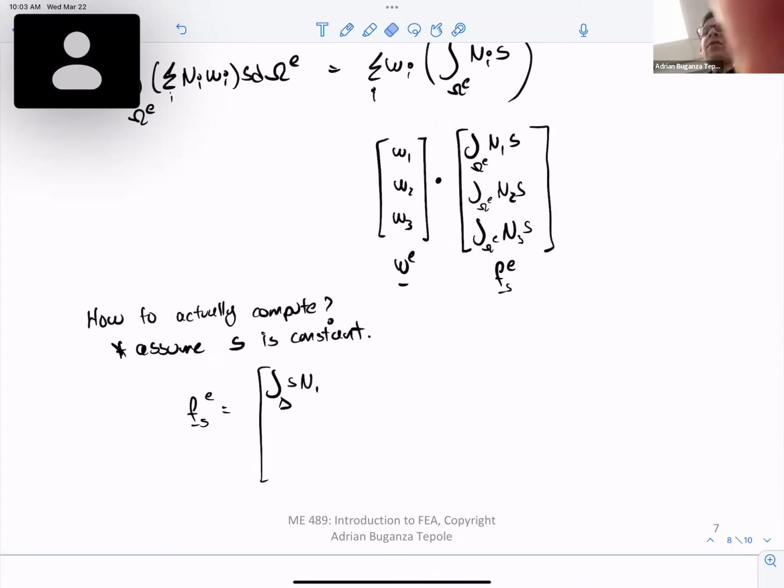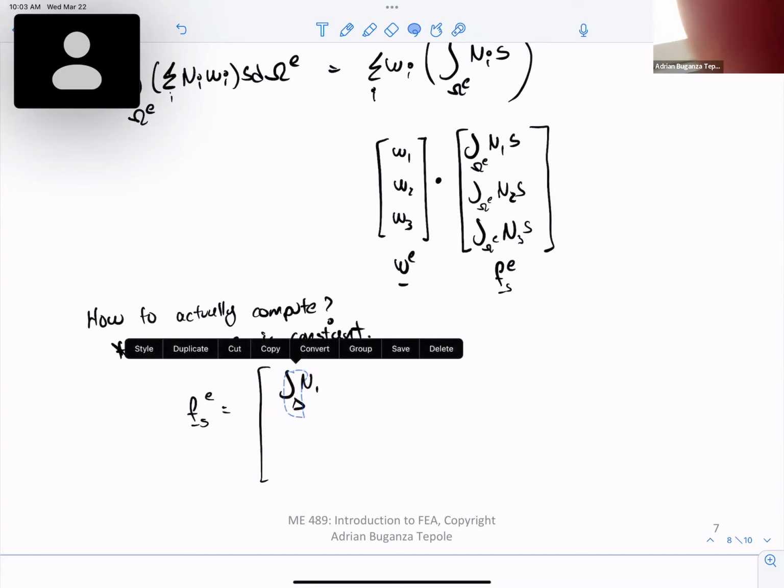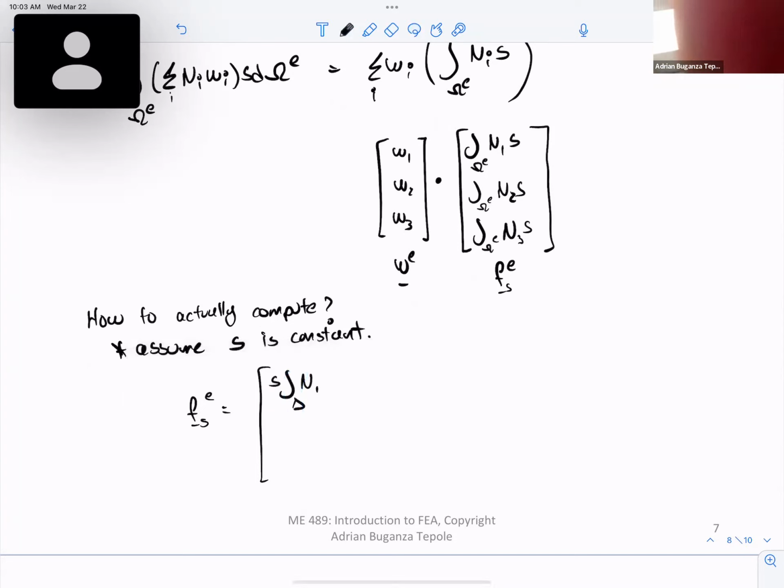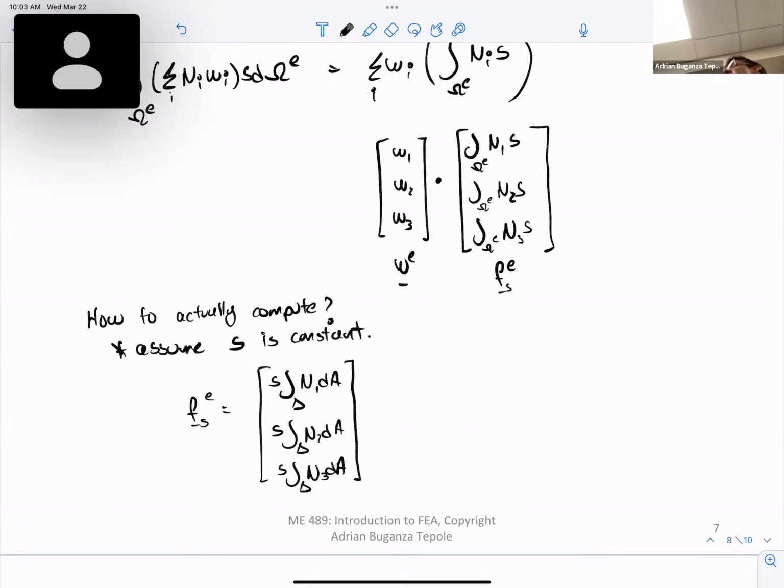Because S is a constant, I'm going to take it outside of the integral. So the only thing that I need to integrate is the shape functions over the triangle.